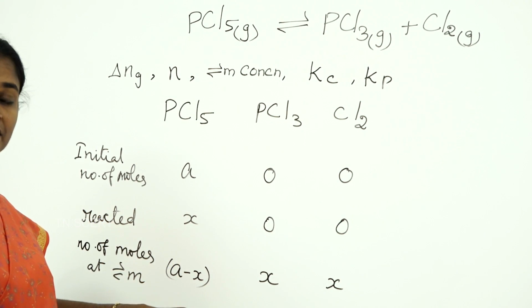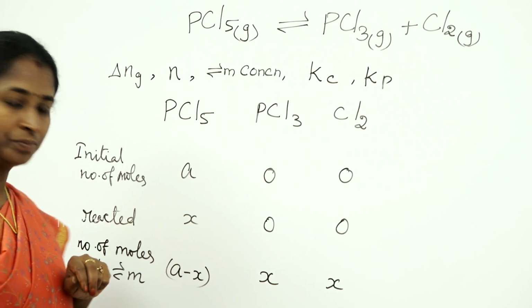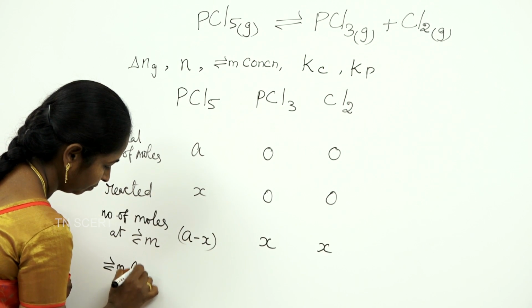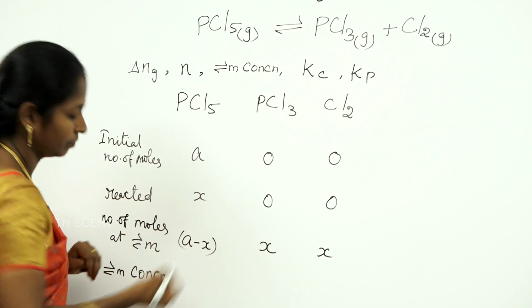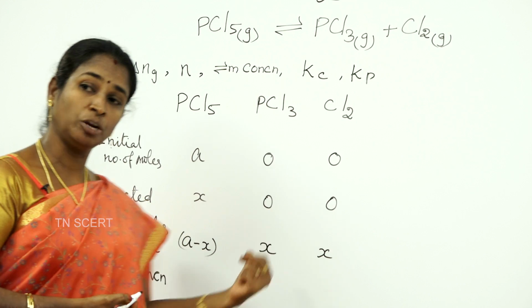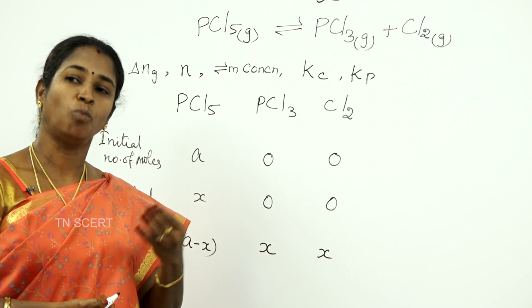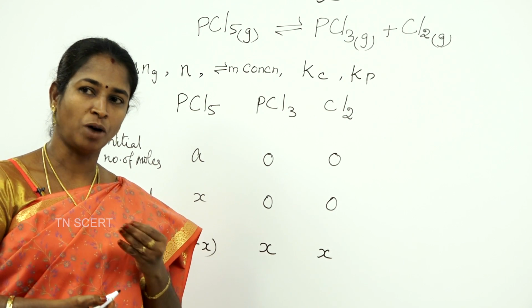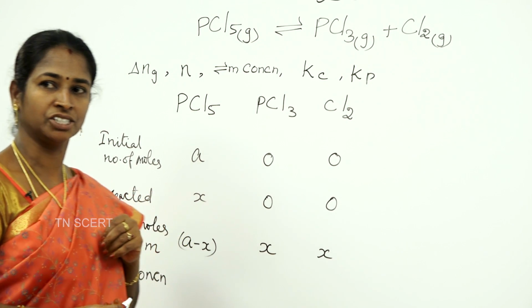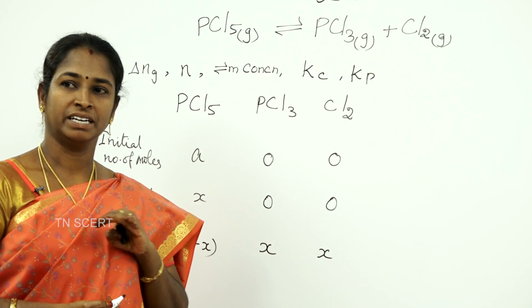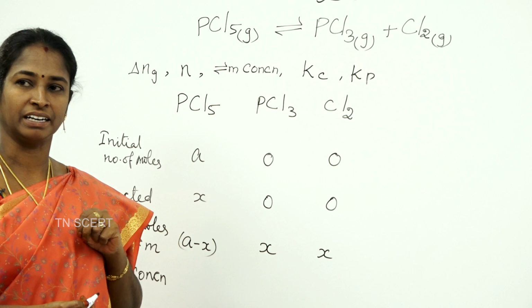Now, what is equilibrium concentration? Equilibrium concentration is also known as active mass or molar concentration. What is active mass? This is number of moles divided by volume in liter, that is molarity.